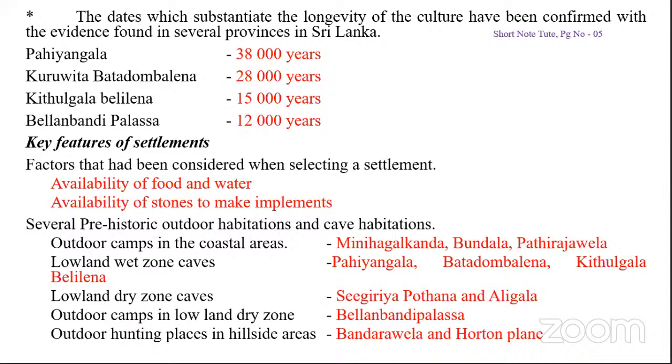Sometimes you have to write 3 examples for the wet zone caves, 2 examples for dry zone caves, and what are the 2 types of habitations. If there's such a question, the answer is outdoor habitations and cave habitations.